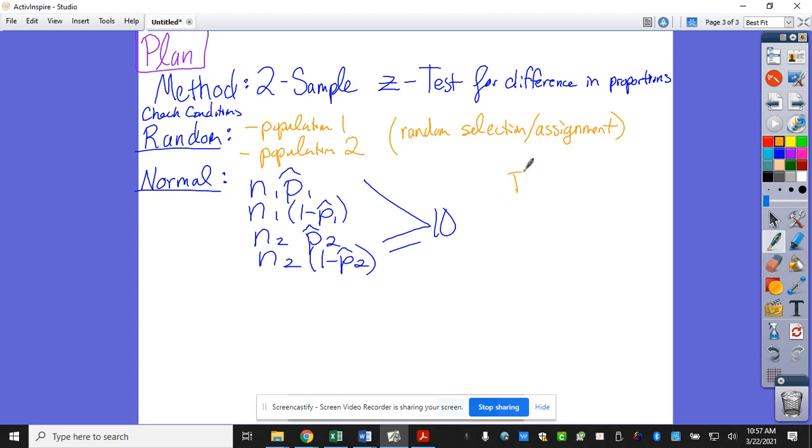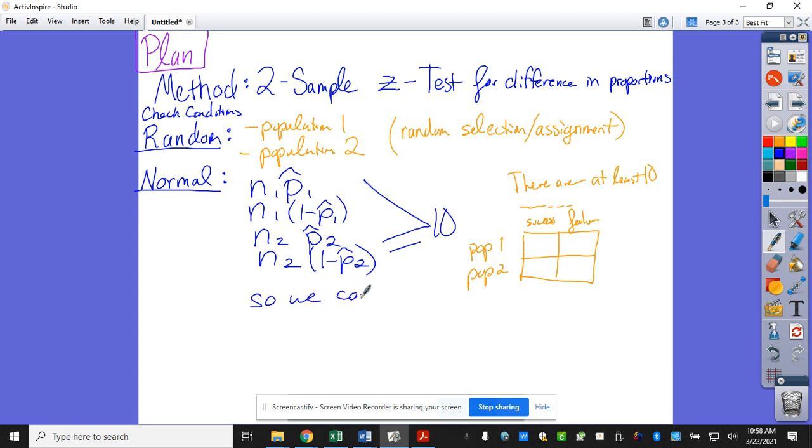So you might choose to write it as there are at least 10 something, and then do this so that you remember population 1, population 2, success, failure. And then we always end with, so there might be more wording down here, but it depends on the problem. And then so we can use an approximation.